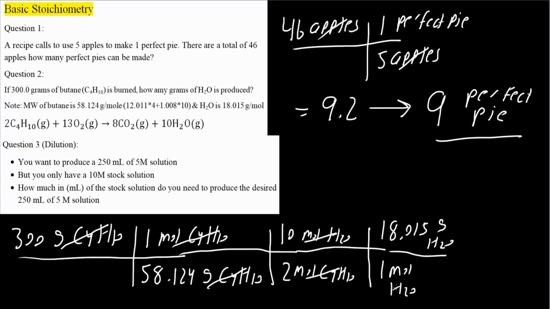Moles of H2O cancel. And we're left with grams of H2O, and we want grams of H2O. Using a calculator, if you multiply everything and divide by everything, you would get 464.9 grams of H2O. For significant figures, this is 300.0, so 4 significant figures. And so this is the second problem.